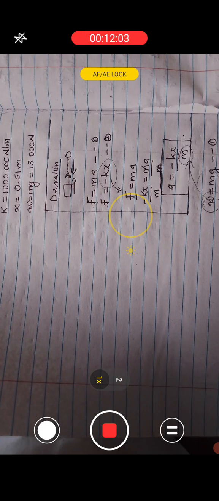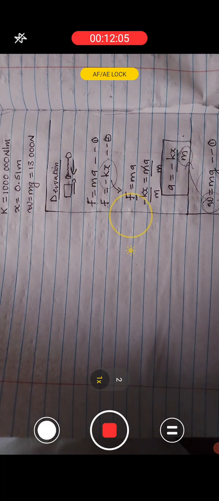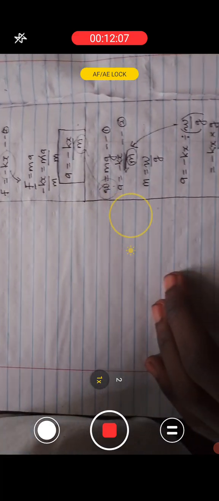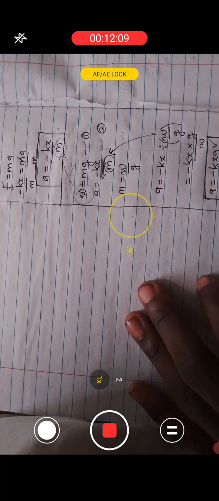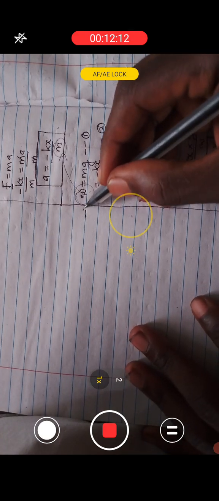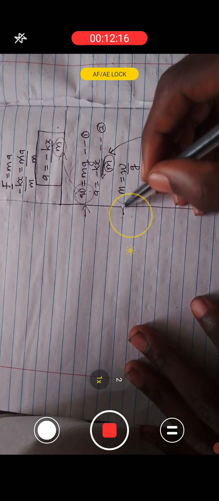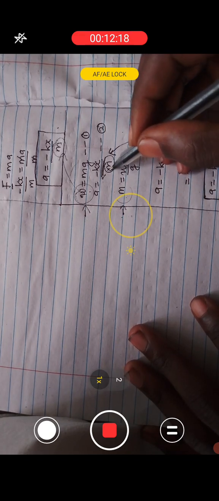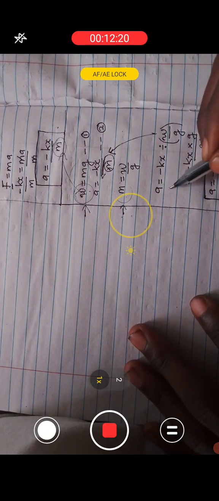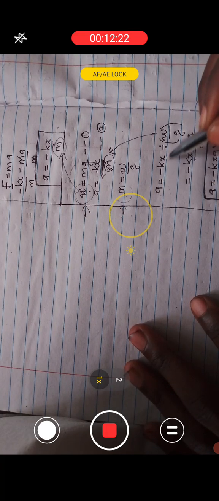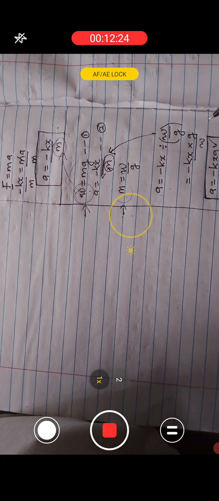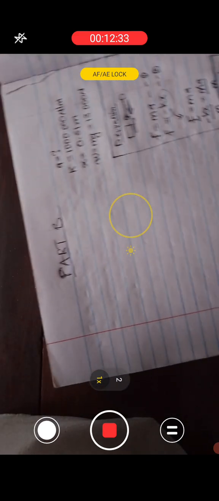So you have to know how to change equations. Here, step 1, you make m the subject of the formula, then you replace m here, you get a equal to negative kx divided by, then you interchange according to laws of indices, then you multiply and you get the formula.